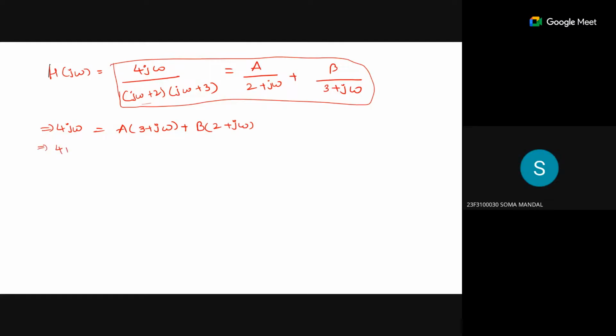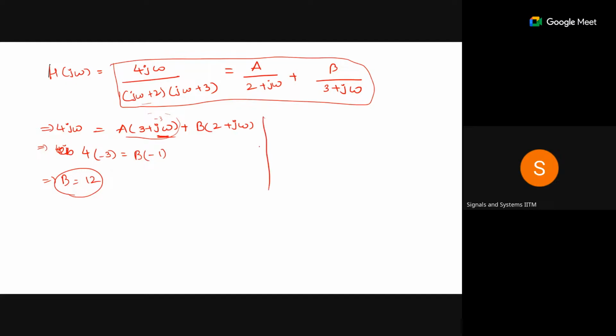Yes, ma'am. So here what we have to do is, I am taking j omega as minus 3 in one case, so that this term will be 0. If we take minus 3 here, minus 3 plus 3 gets cancelled. So b times (2 minus 3), which is minus 1, so b will be 12.